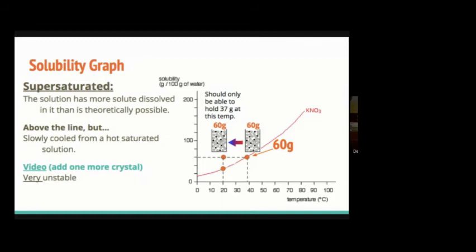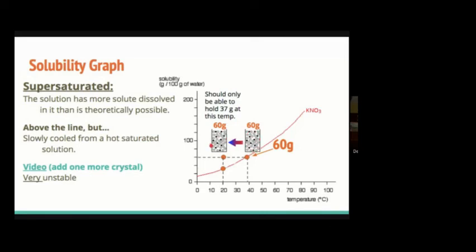Once all that extra sugar has come out of the solution at the lower temperature, the solution itself is still saturated. Okay, again, saturated can look like an unsaturated solution.